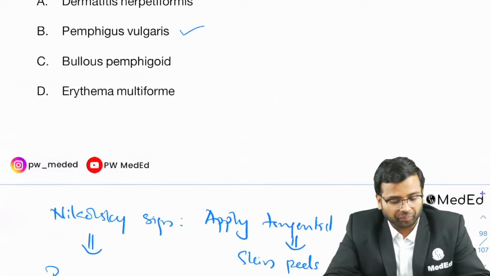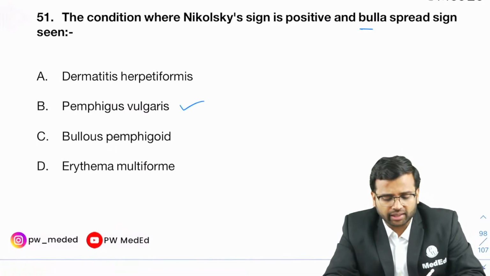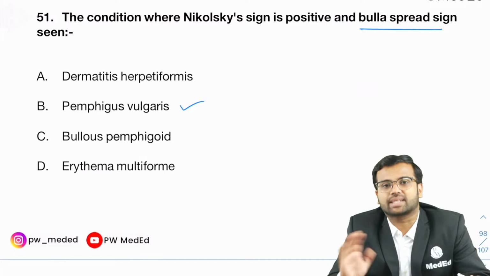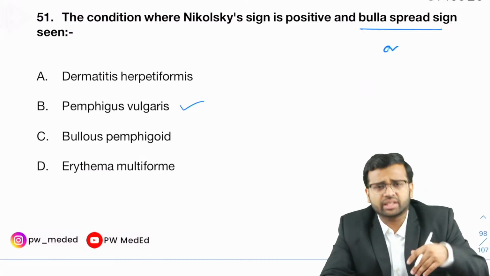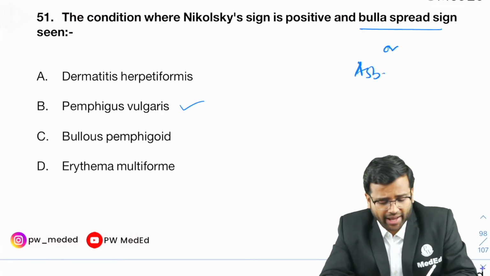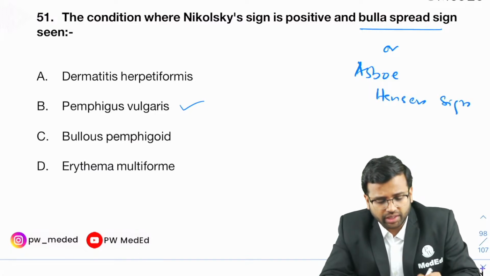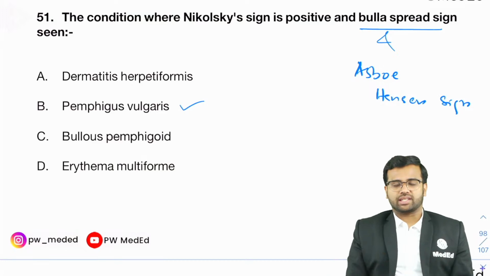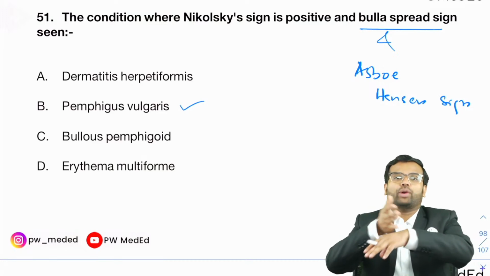Fine. Now they have also mentioned another sign which is called Wallah spread sign, or there is a similar other sign which is called Asboe-Hansen sign. These are the two different signs that you can see in these bullous diseases, where we are trying to manipulate the bulla.